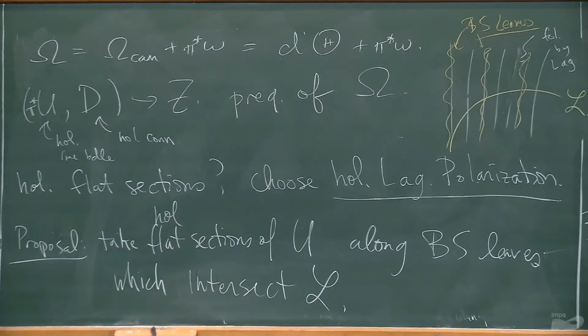What about the dependence on the Lagrangian polarization? Unknown. So far, we've investigated a number of examples. I'll explain the examples in a moment. And in all the examples, we seem to get a good answer. And in the cases that we have more than one polarization available, they agree.